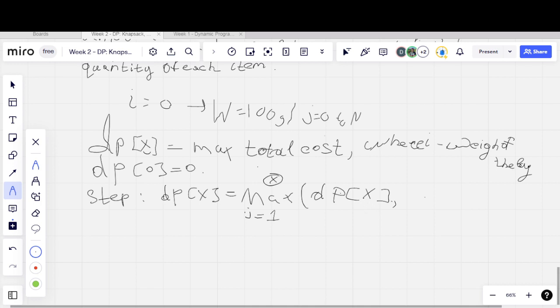Let it be the maximum of not X of n items. Not X will be responsible for n items. And we just take the maximum of DP X minus 1 of n items, I think.